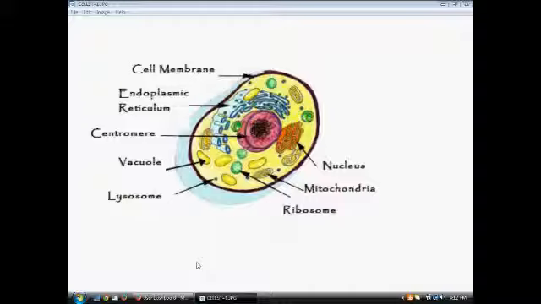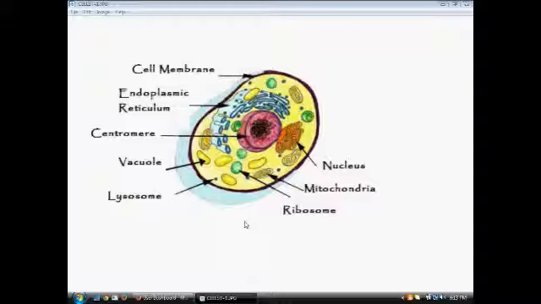Eukaryotic meaning, of course, that it's a larger cell, it's more complex, it has organelles or membrane covered pieces inside of it, and a true nucleus, or a nucleus with a membrane around it.